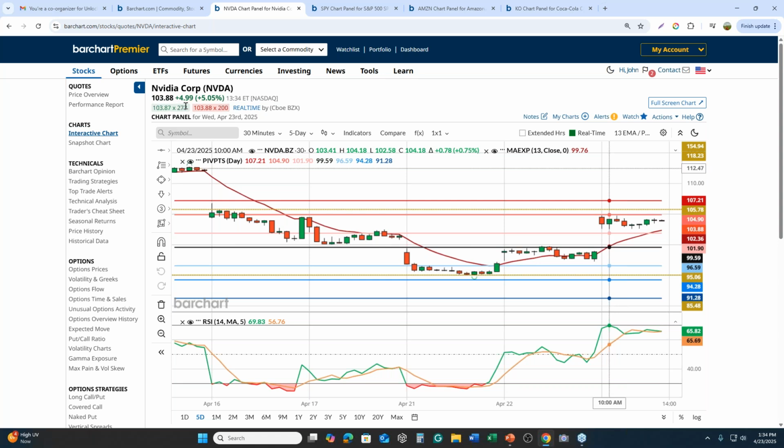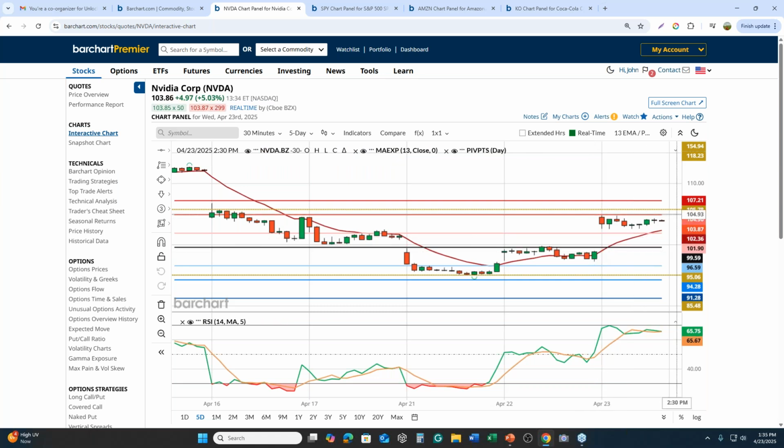That's how ATR is calculated. But you can see that for today, right now, we're up about $5. If I take the previous day's close, which was 98.86, and I add $7, that gives me 105.86. Well, look where our actionable line is, 105.78.